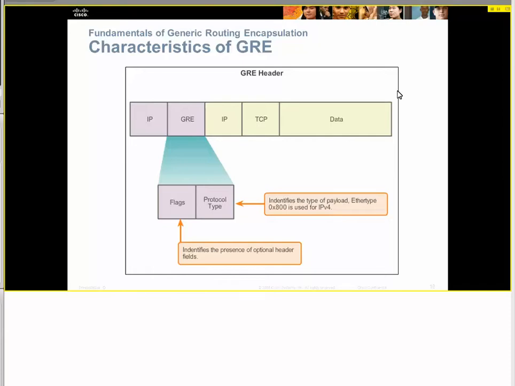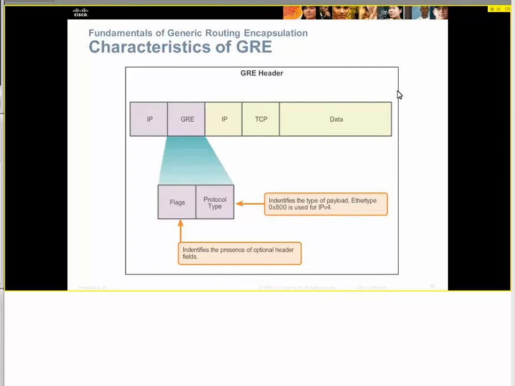So we take the IP packet with its original IP header and re-encapsulate it with another IP header, only this time the IP header is specific to the tunnel and the way to determine how to get it to the other endpoint in the tunnel.